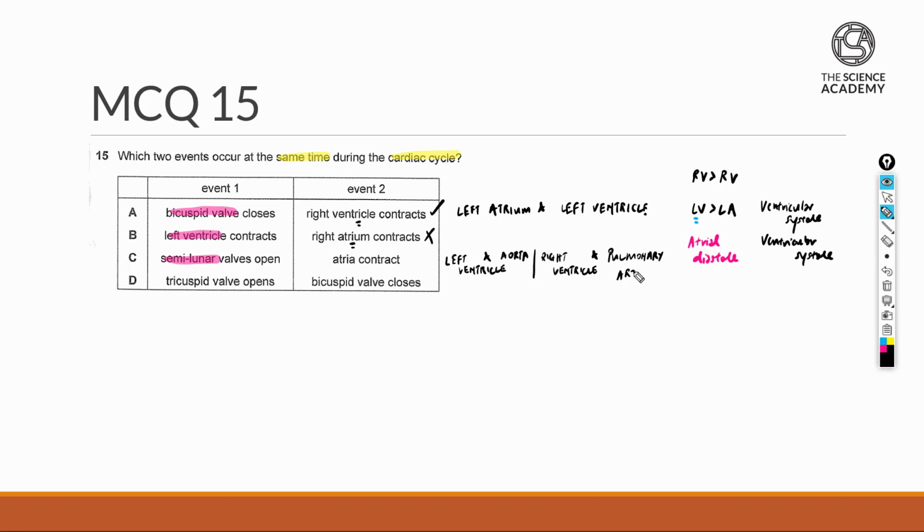Now, in order for the semilunar valve to be open, it could be indicative that the left ventricle pressure is higher than the aorta, as well as the right ventricle pressure is higher than the pulmonary artery.